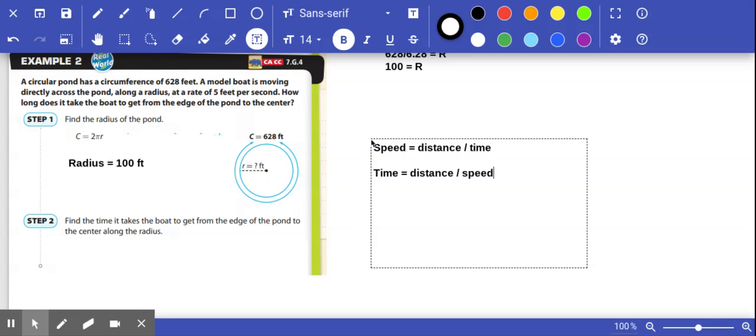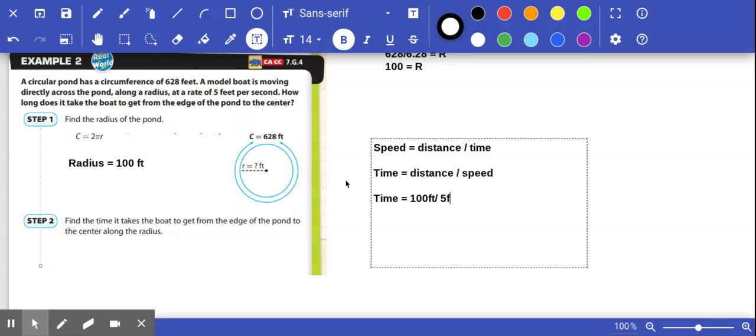And you can probably figure that out intuitively. If we were in person, we could practice a few and figure out how fast and how long it takes you. So let's plug in our numbers. We want to find time, and that's going to be equal to the distance we have to travel, 100 feet, divided by our speed, which we already know is 5 feet per second.